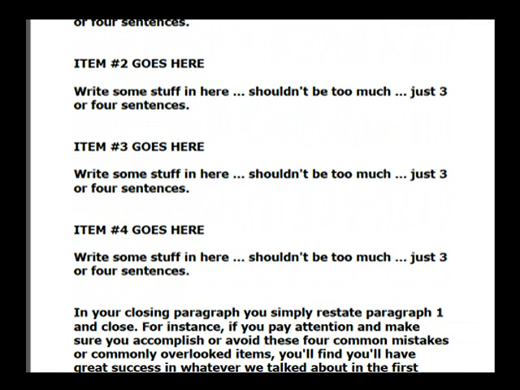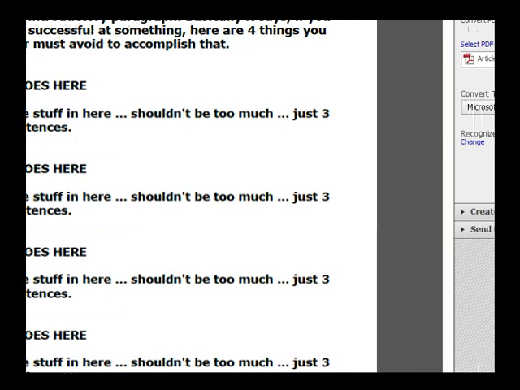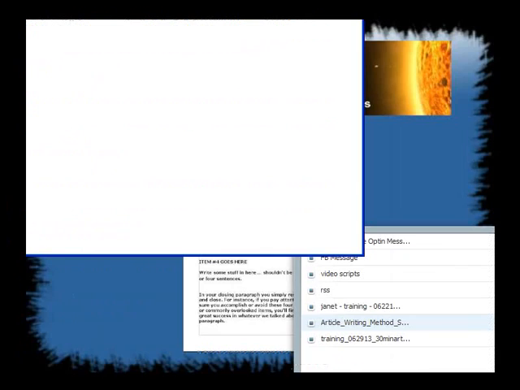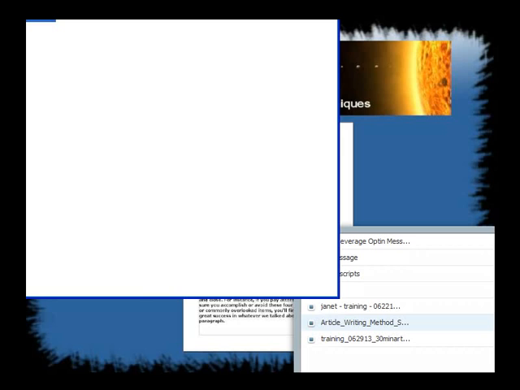And then your closing paragraph, you simply restate paragraph 1 and you close. For instance, if you pay attention and make sure you accomplish or avoid these 4 common mistakes or commonly overlooked items, you'll find you have great success in whatever we talked about in the first paragraph. That's it.